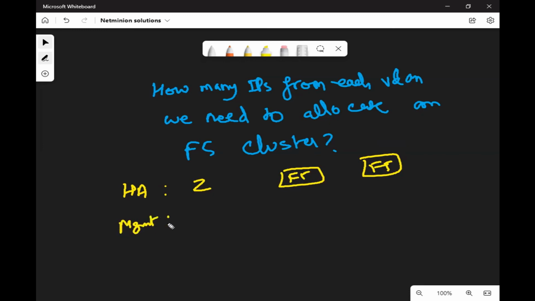What about management? One IP address per device, so total 2, one on each device.